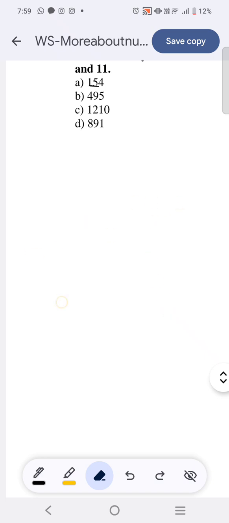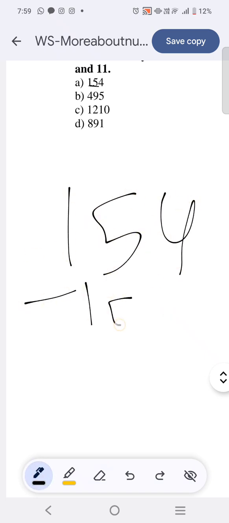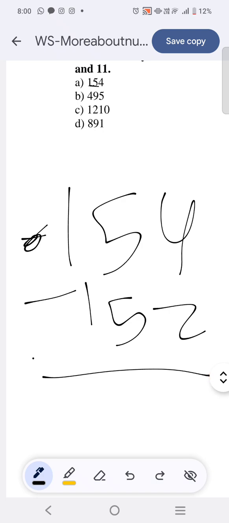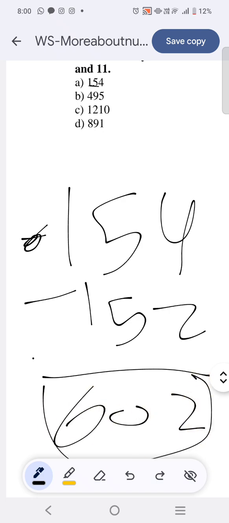Now we'll have to subtract 152 from 154, because this is the number we are working on, this is the number we can use. 4 minus 2 is 2, 5 minus 5 is 0. So this is the remainder.